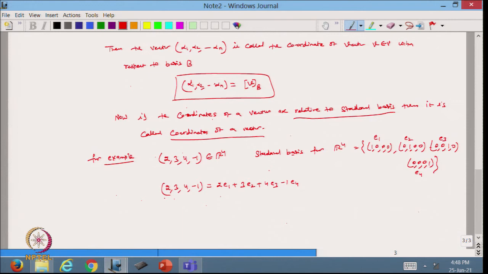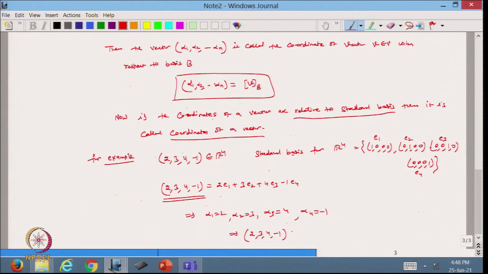And so, I am writing a vector v as a linear combination of the standard basis of R4. So, from here you can check that my alpha 1 is 2, alpha 2 is 3, alpha 3 is 4 and alpha 4 is minus 1, which is the same as the coordinates of this vector 2, 3, 4, minus 1.